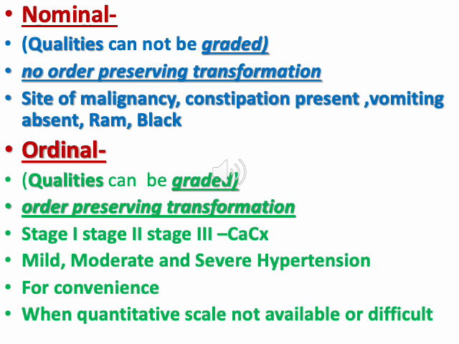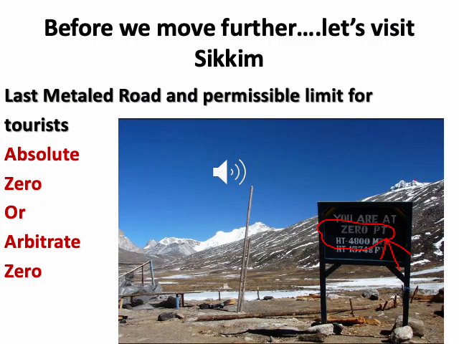So we know a person who is having severe hypertension is at more risk of cardiovascular event compared to mild or moderate hypertension. These ordinal scales actually give us a notion of quality, and we use them for our convenience when quantitative scales are not available or are difficult to interpret.